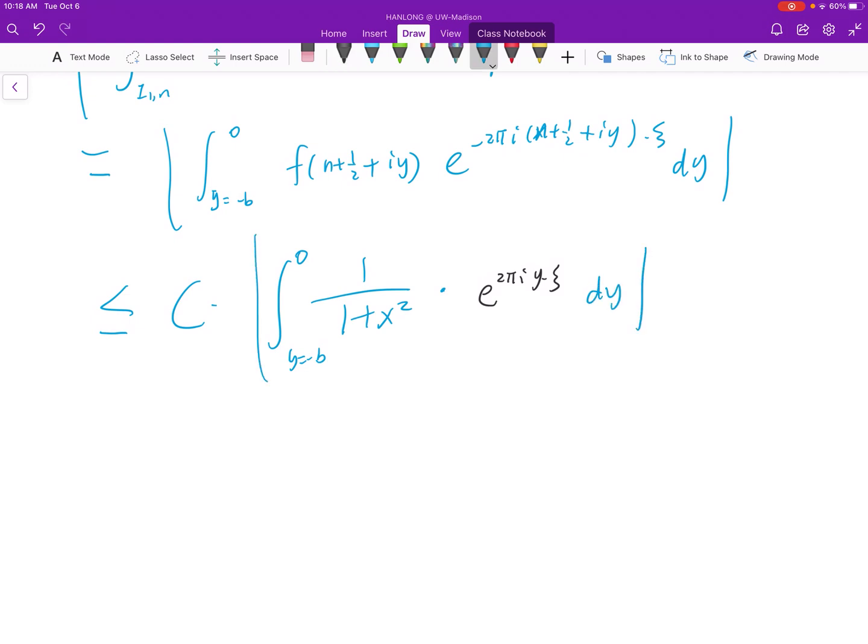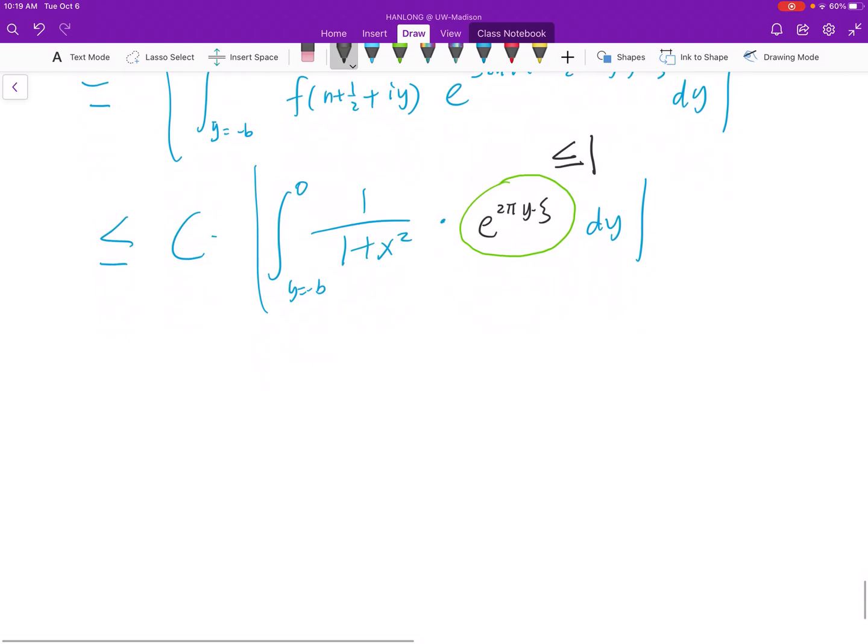Okay, and then the key point is because y is negative and c is positive, this is less than or equal to 1.